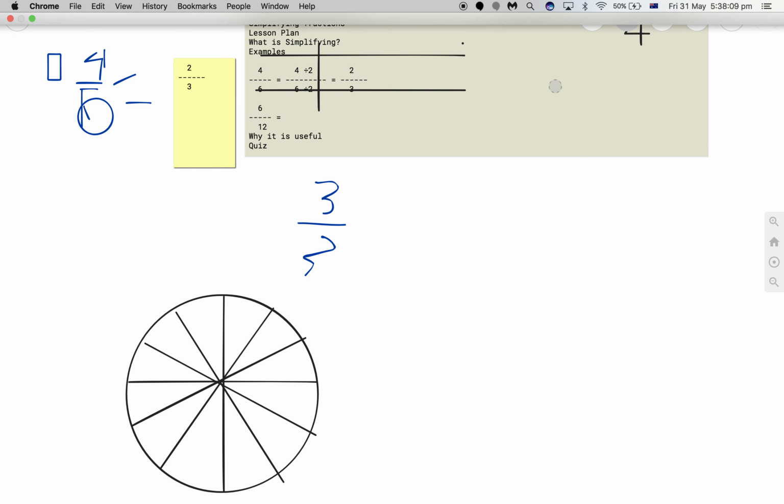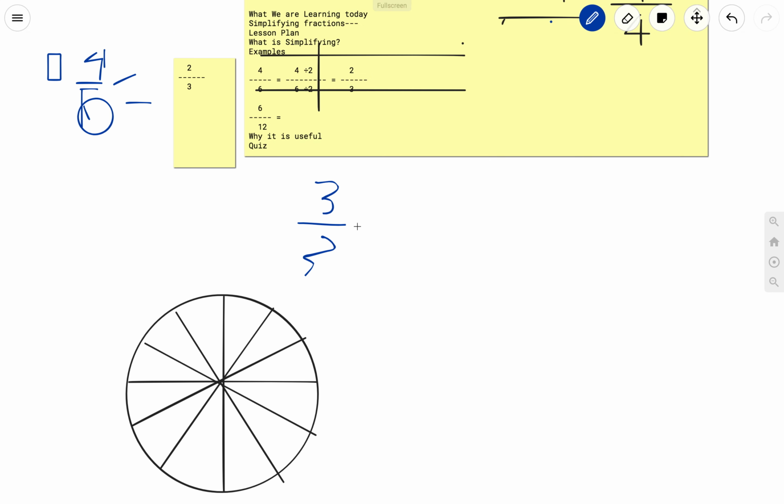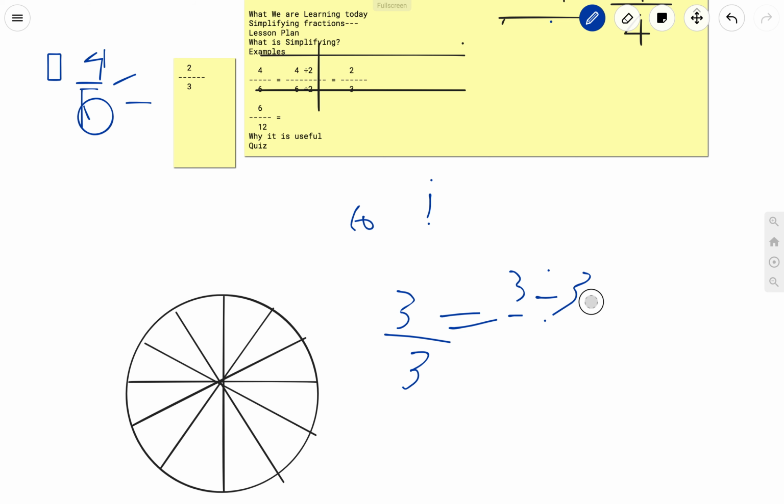Because remember, from our lesson, this line, a vinculum, basically means divide. Now, this means that 3 over 3 in this case will basically be equal to 3 divided by 3, and it equals 1.